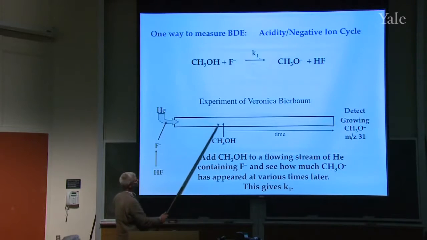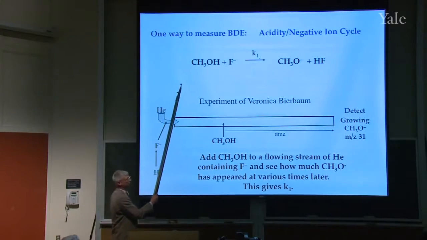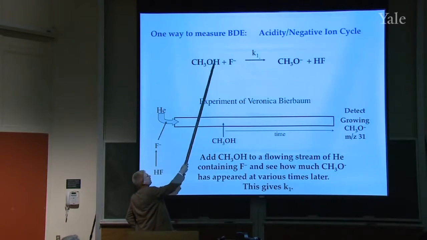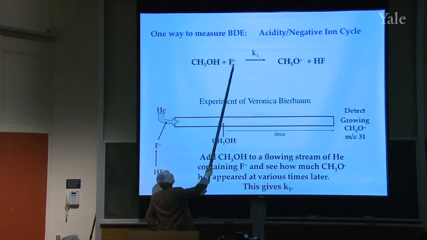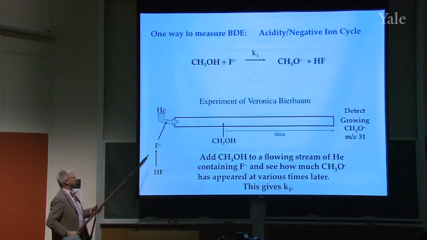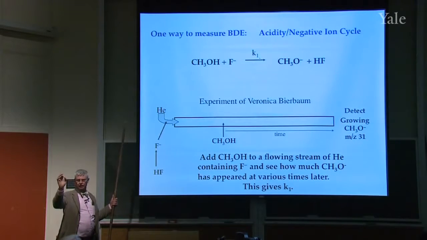They have a flow tube, and this is the experiment you want to do. You would like to measure the reaction of fluoride ion pulling a proton off methanol to get the methoxide ion. You can't get a lecture bottle of fluoride ion because they're charged.